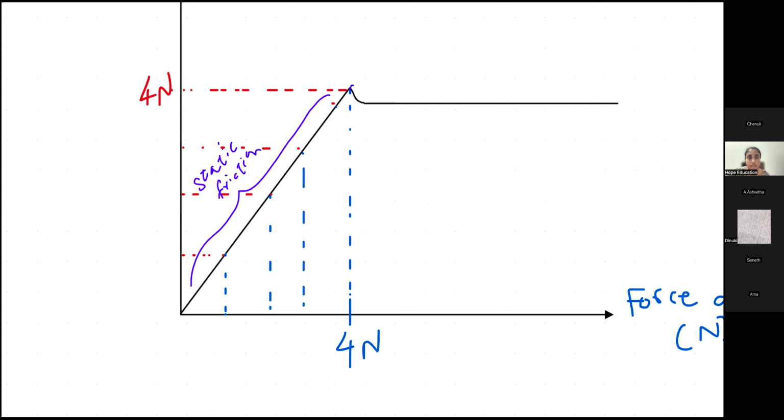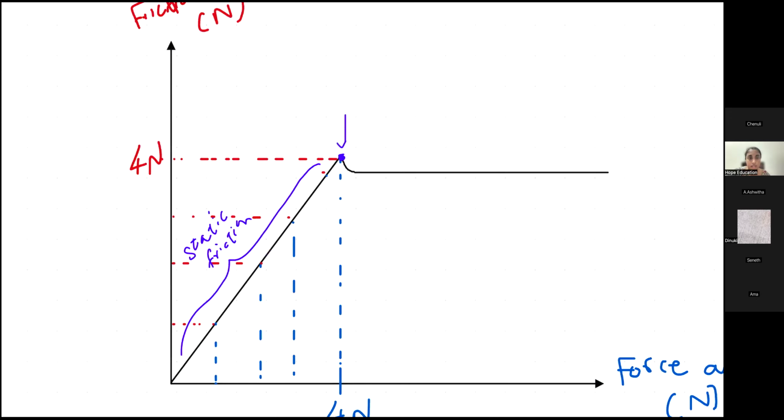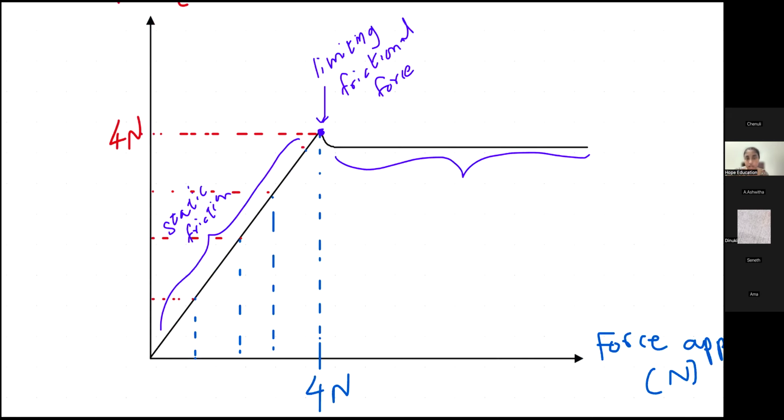This point is the limiting frictional force. මේ graph එක ළමයි past papers වල අහලා තියෙනවා, දෙතුන් පාරක්ම අහලා තියෙනවා, provincial papers වල අහලා තියෙනවා, term test school papers වල අහලා තියෙනවා. So make sure you go through the graph and you understand the graph. Even now if you don't understand it you can ask me, right? Then මේ ටිකේ තියෙන්නේ dynamic friction. So අපි මේ static friction, limiting frictional force, dynamic friction කියලා කියන්නේ friction නා, not the force that we apply. This part is the dynamic friction.